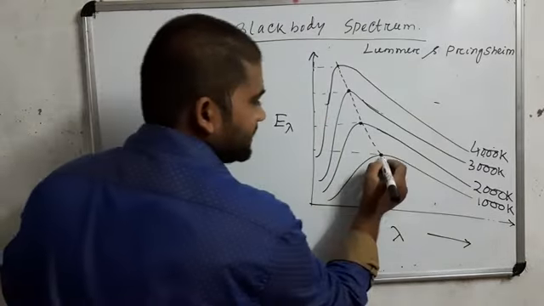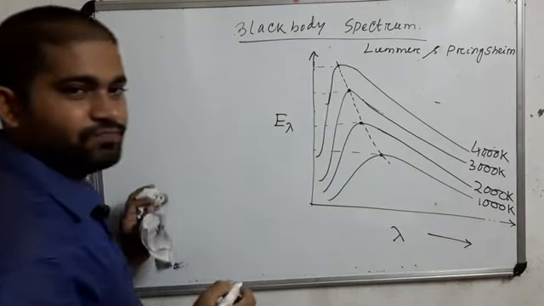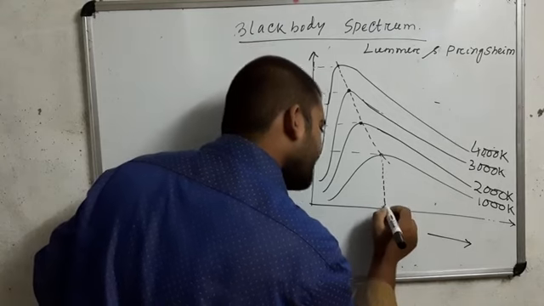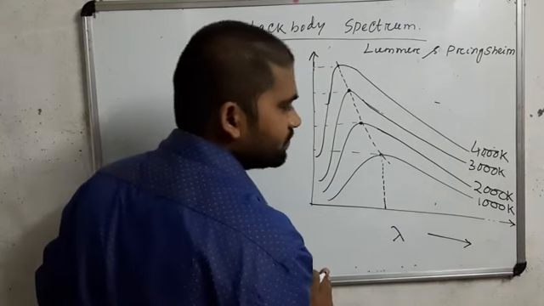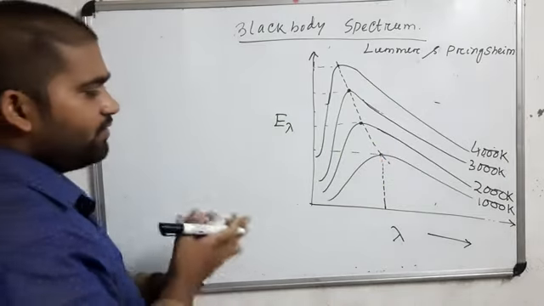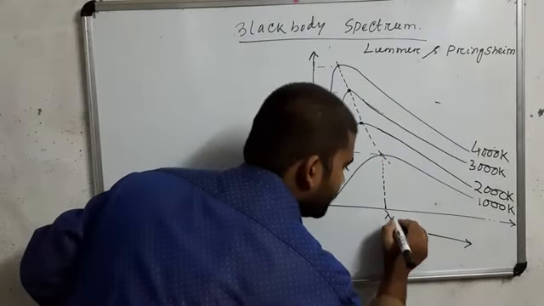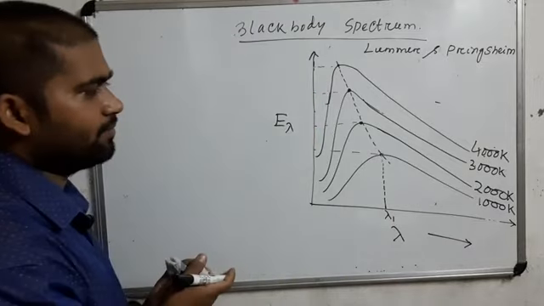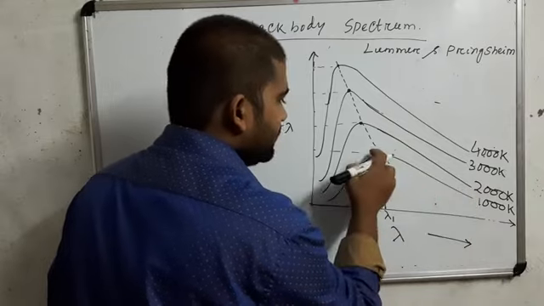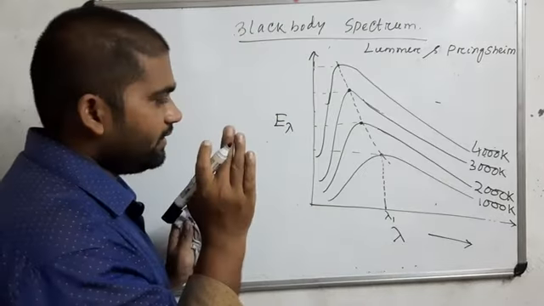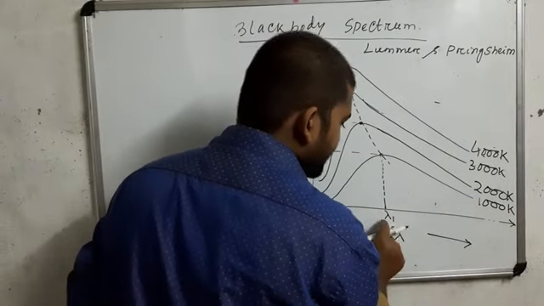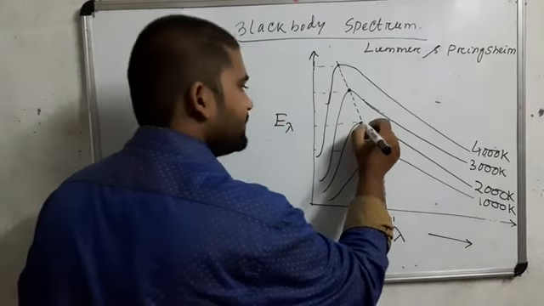Okay, at a maximum energy state, for a constant temperature, at maximum energy state, the wavelength of the radiation is decreasing. Okay, means we can say the maximum energy at which it lies at a constant temperature, that wavelength continuously decreases.